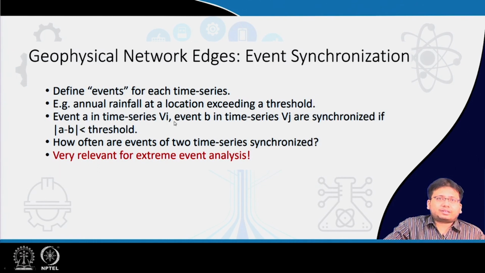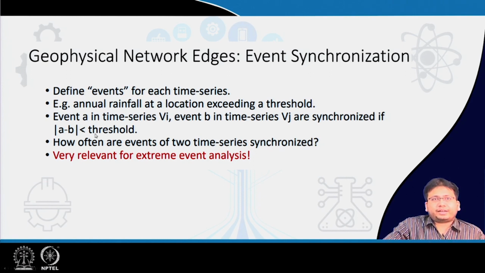Another thing which is used is event synchronization. So, we may define events for each time series. For example, if we have a rainfall time series, we may consider those time points where the value of the observation exceeds a particular threshold.